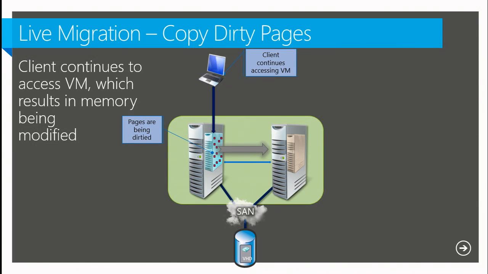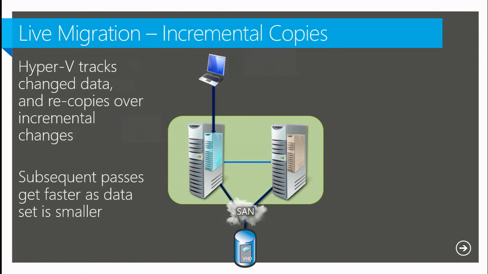And we then copy those over. We do this again and again. So gradually we're copying a lot of memory, then a little memory, even smaller, until essentially we have identical memory on my first node and on my second node. A change happens here, it happens here. So essentially we have clones of our virtual machines running on two different hosts.